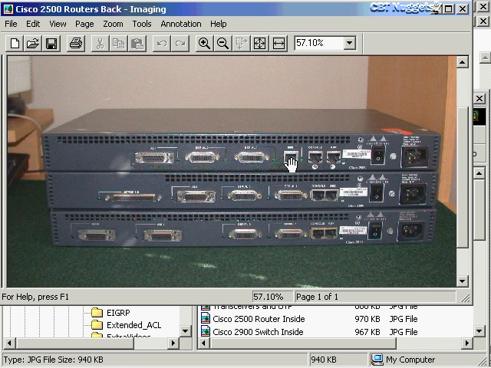Then we're going to have a BRI connection used with an ISDN, the console and the auxiliary. It's important to note that these are going to be on every Cisco device that we're going to study here. And the reason is we need console connectivity. It's one way of connecting into the router, and the auxiliary port used for other functions like dial-on-demand routing or even modem connections. Power switch, obviously have to have that, right, to turn the unit on. And then we have the receptacle for the power cable.